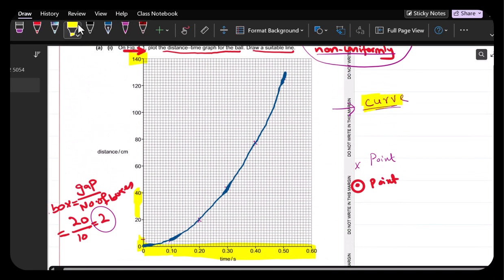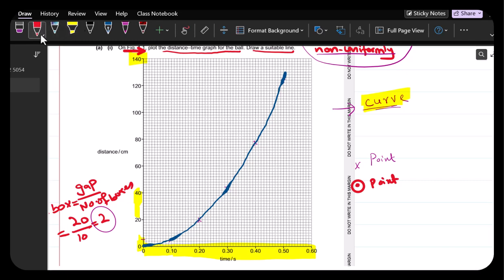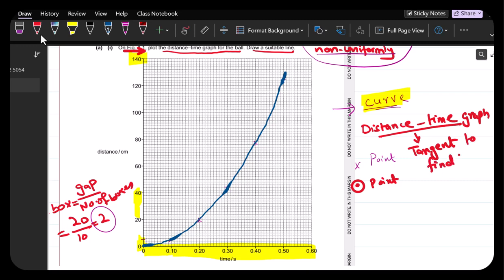In a curved graph, whenever it is a distance time graph, you have to draw the tangent to find the speed, and then find its gradient. You have to find the gradient.